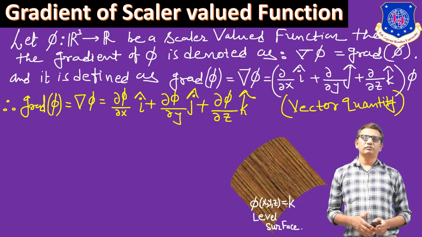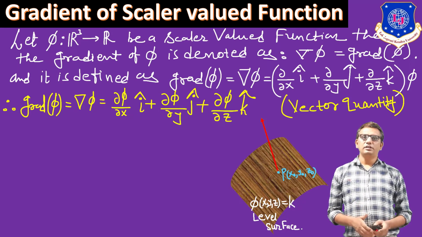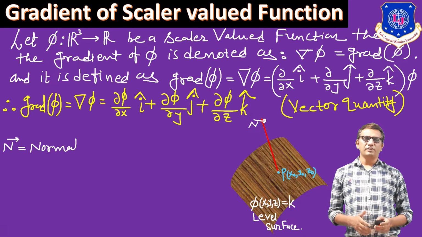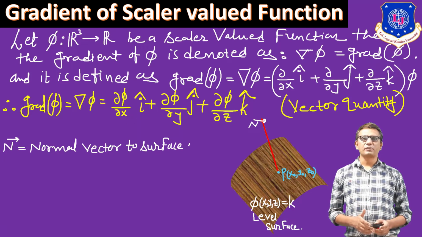Now suppose phi of x, y, z equal to k is a level surface in R cube space, and P of x0, y0, z0 is any point on the surface. In this case, the gradient of phi denotes the vector at that point, and this vector is known as the normal to the surface phi of x, y, z equal to k at the particular point x0, y0, z0.